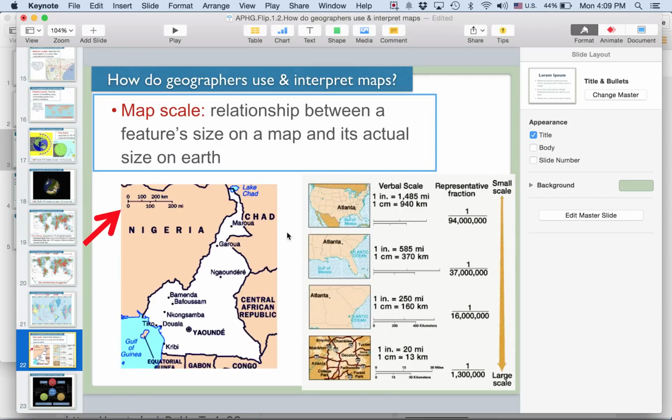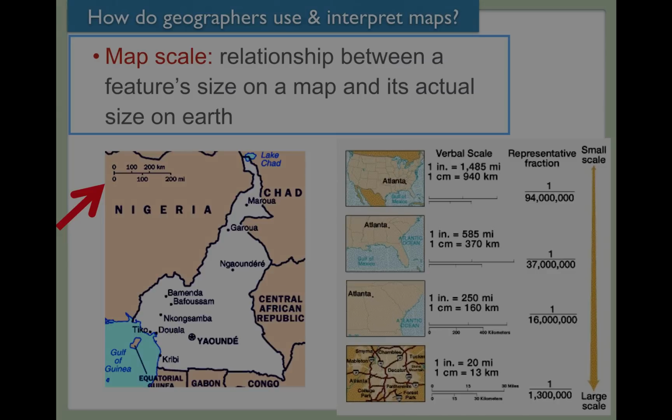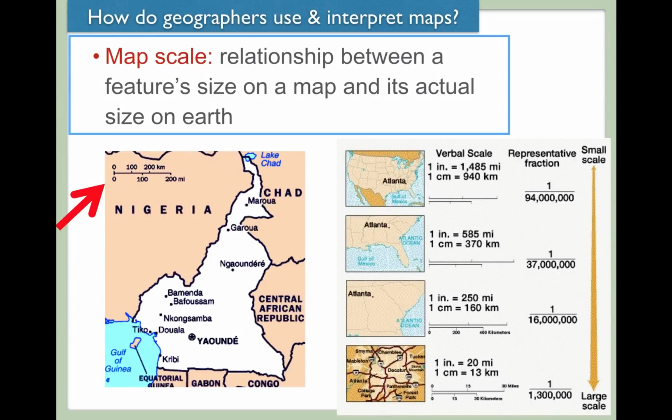Let's look at that as it's represented here. Here's a map of the United States, where 1 inch corresponds to 94 million miles. Oh, okay, I see what they did.